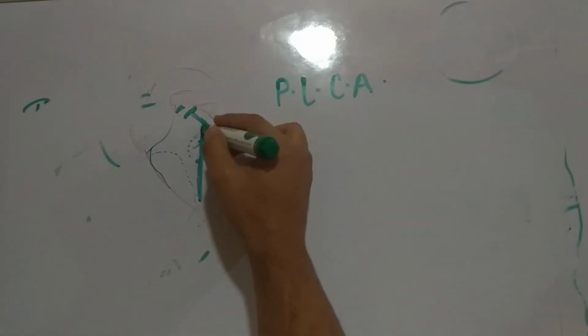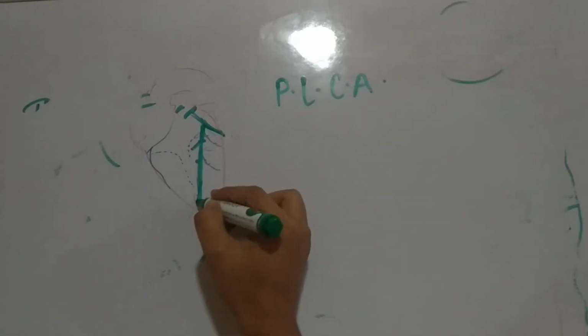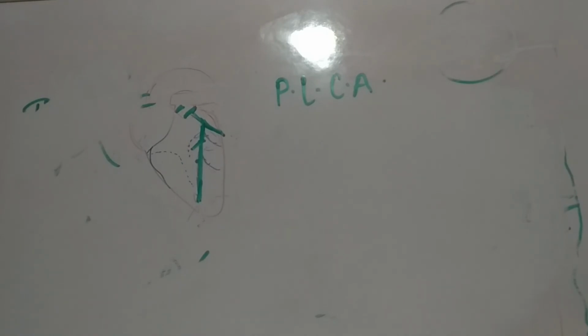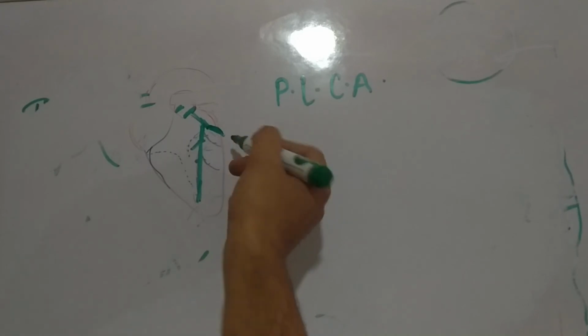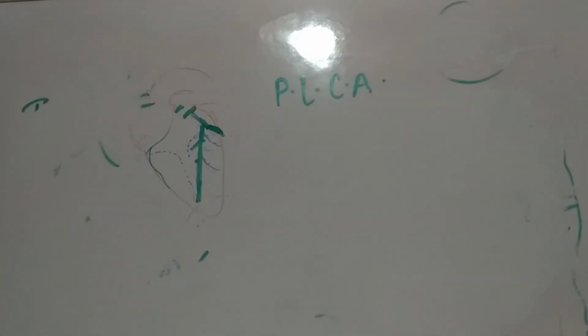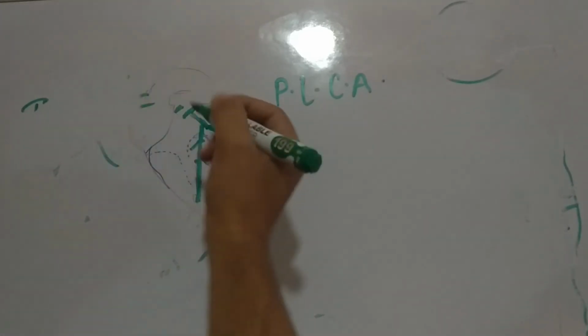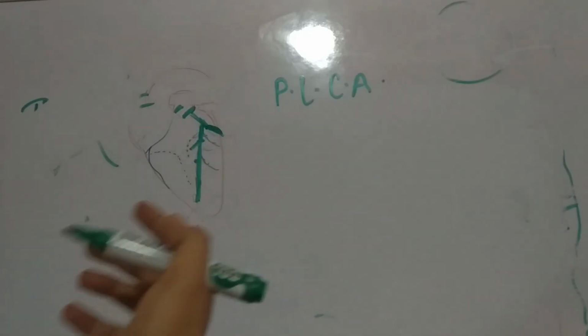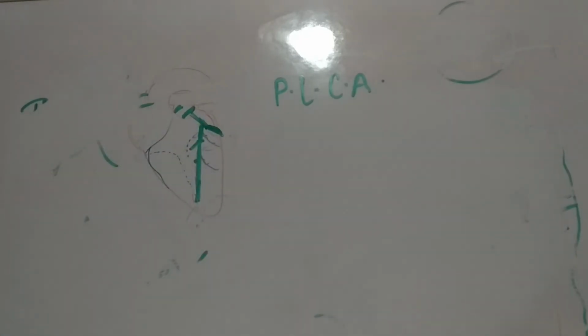When the LAD is occluded, the septum, the inferior wall and the anterior wall will also get occluded, and MI will be there, and the part of the left lateral border of the heart will also be involved, and if it is posterior, some degree of the posterior part will also be involved, and if it is dominant, then the inferior part will also be there.